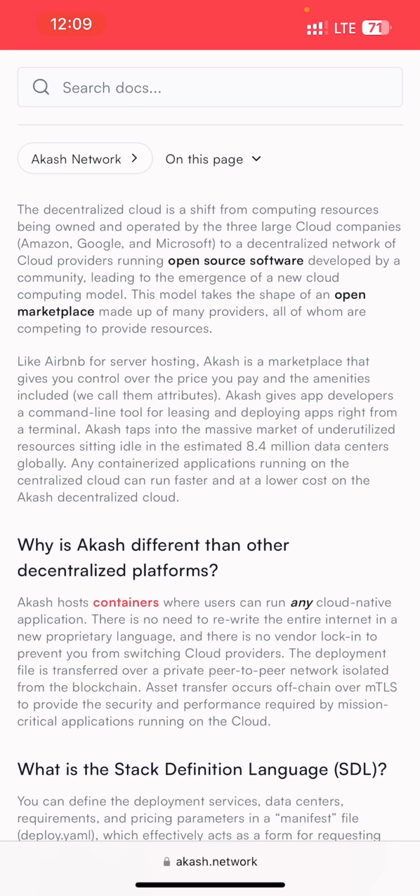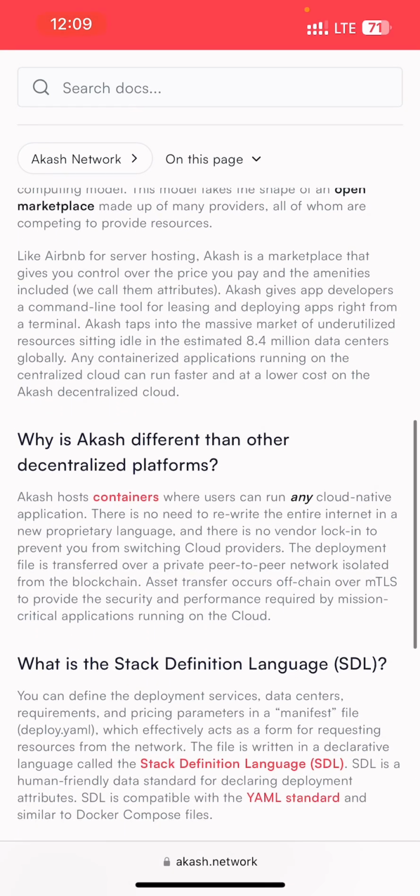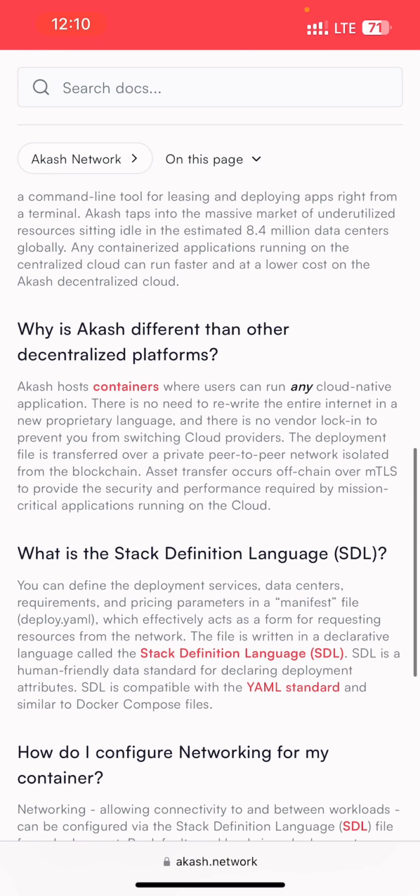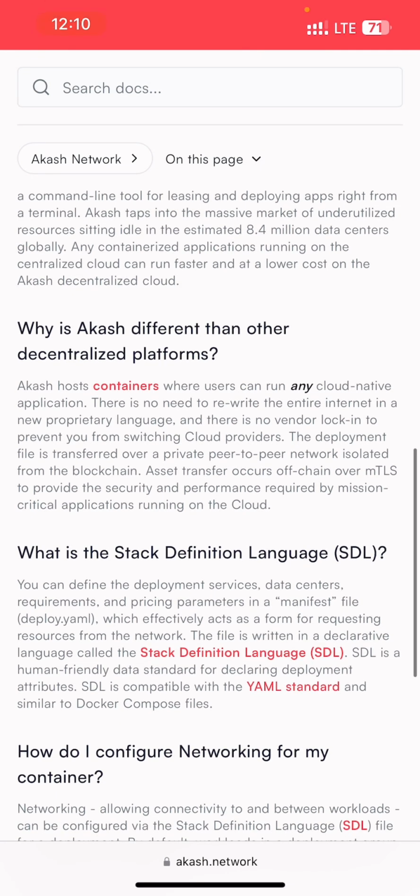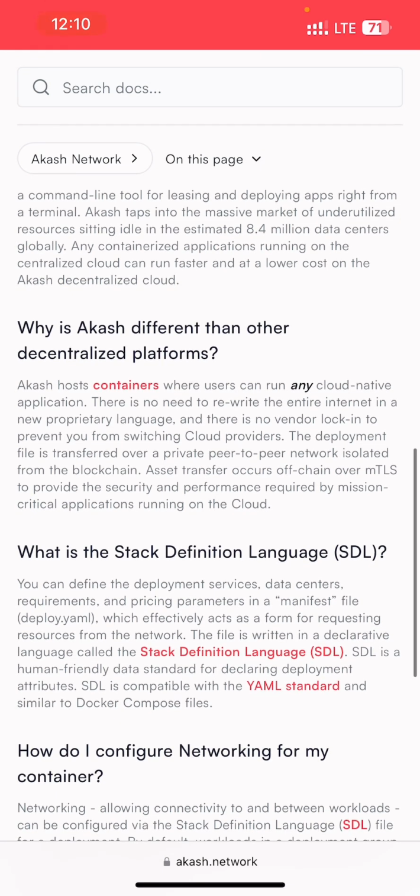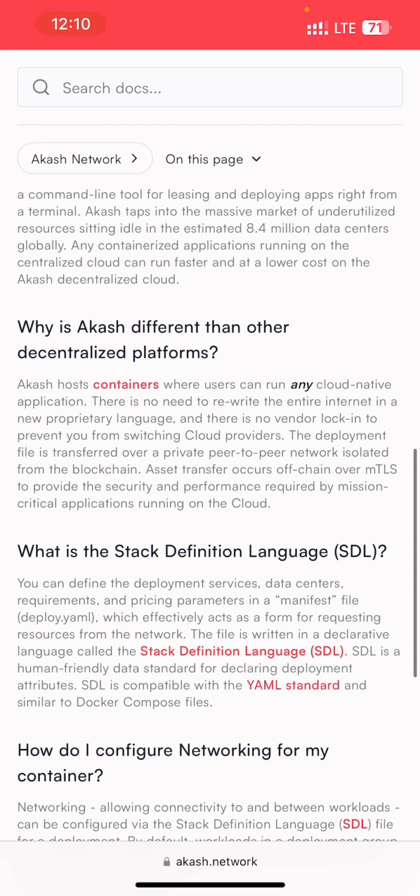Akash hosts containers where users can run any cloud native application. There is no need to rewrite the entire internet in a new priority language, yes. And there is no vendor lock-in to prevent you from switching cloud providers. The deployment file is transferred over a private peer-to-peer network isolated from the blockchain.